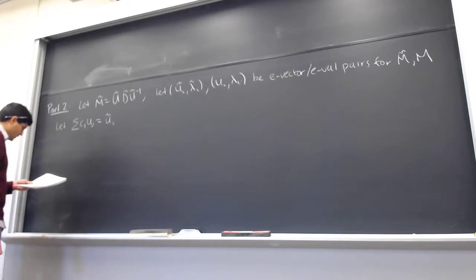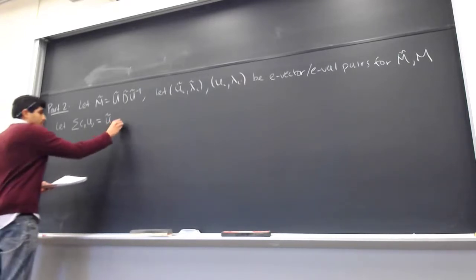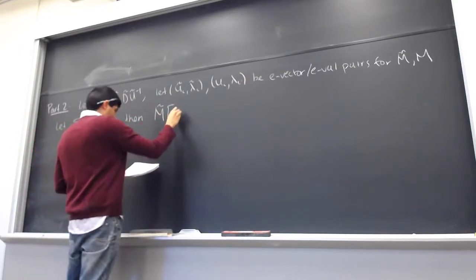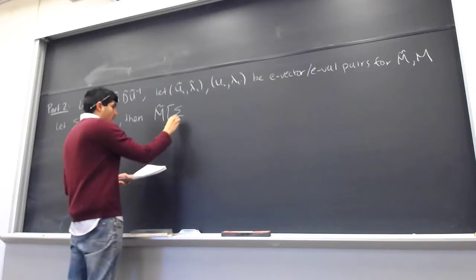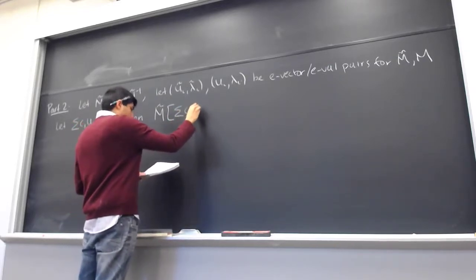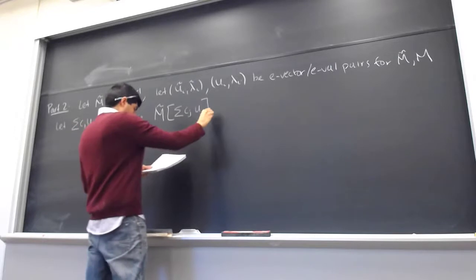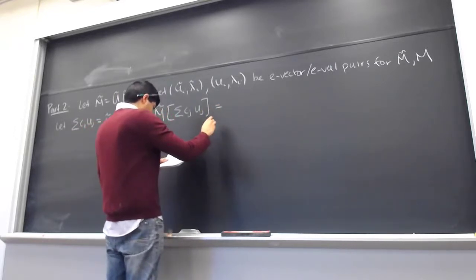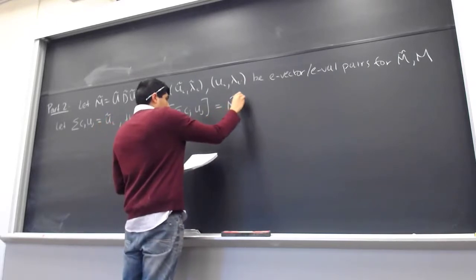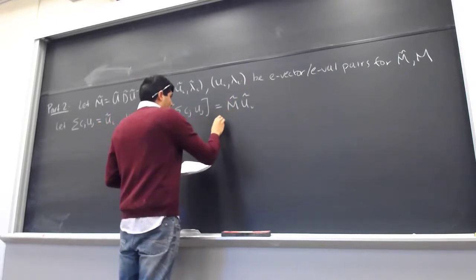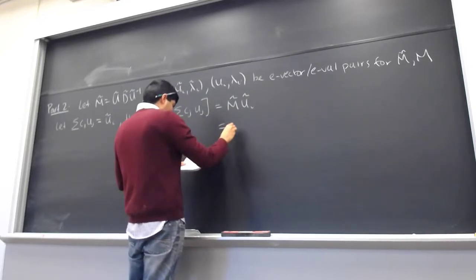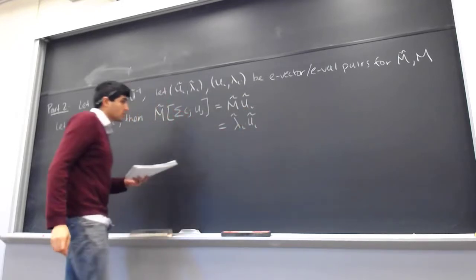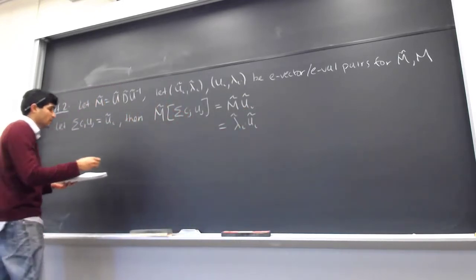Now the key idea is let's do the following. Let's just multiply by M tilde. We can rewrite this as lambda tilde I times U tilde I, just by the definition of it being an eigenvector for M tilde.